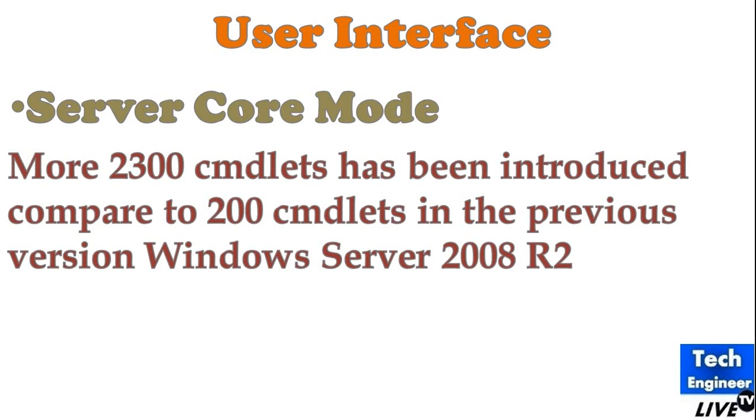Now these commandlets are part of PowerShell; PowerShell version 3.0 was introduced in Windows Server 2012. So this many commands are now part of PowerShell, which is also an example of Windows pushing in the command line mode as well, because they were getting challenges from Linux.